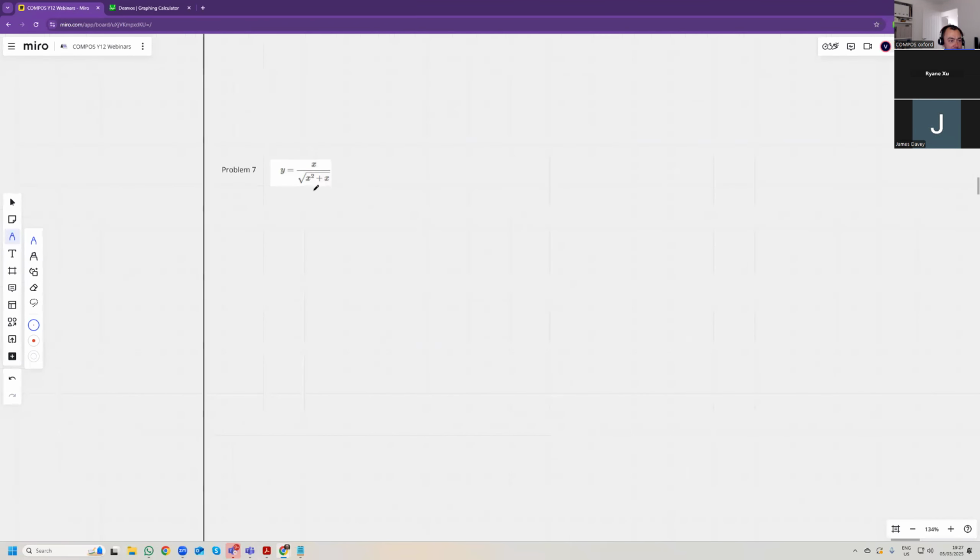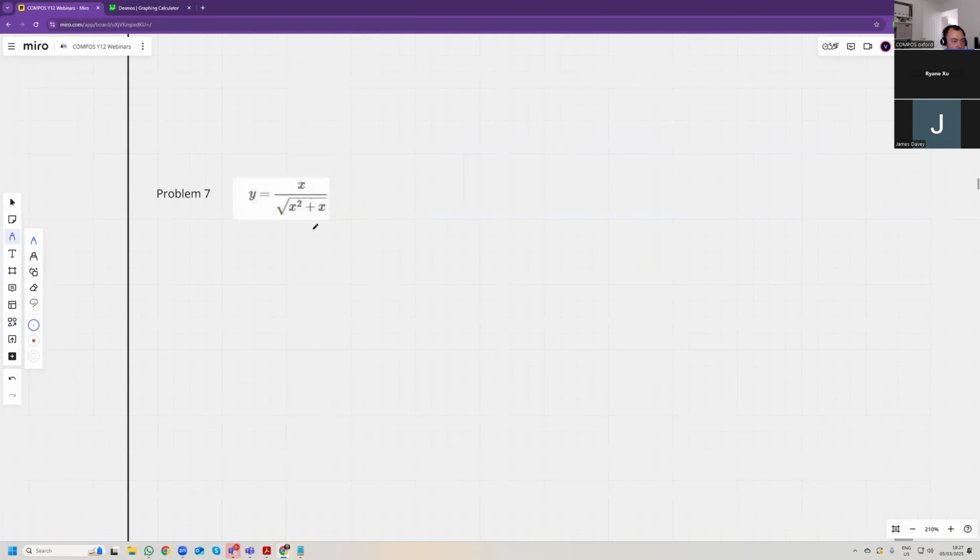And this one, well, first of all, we see that there's a denominator and there's a square root. So x squared plus x must be positive. And that means x plus 1 must be positive.